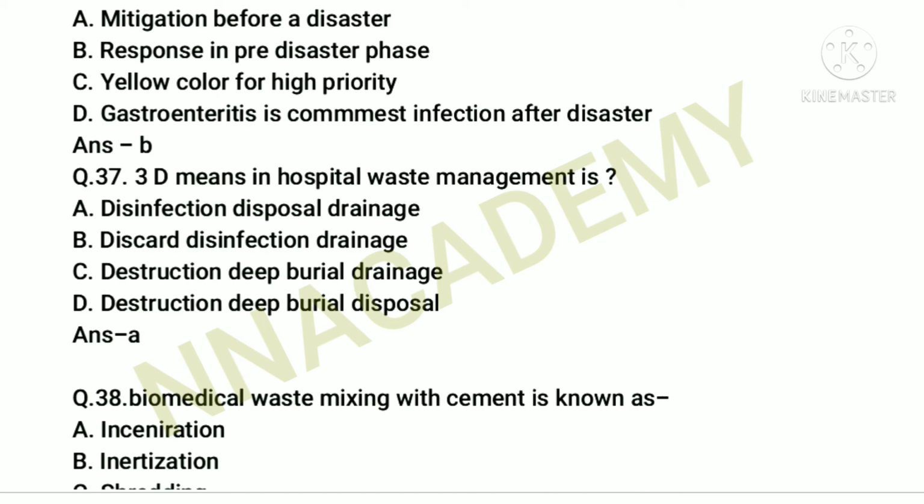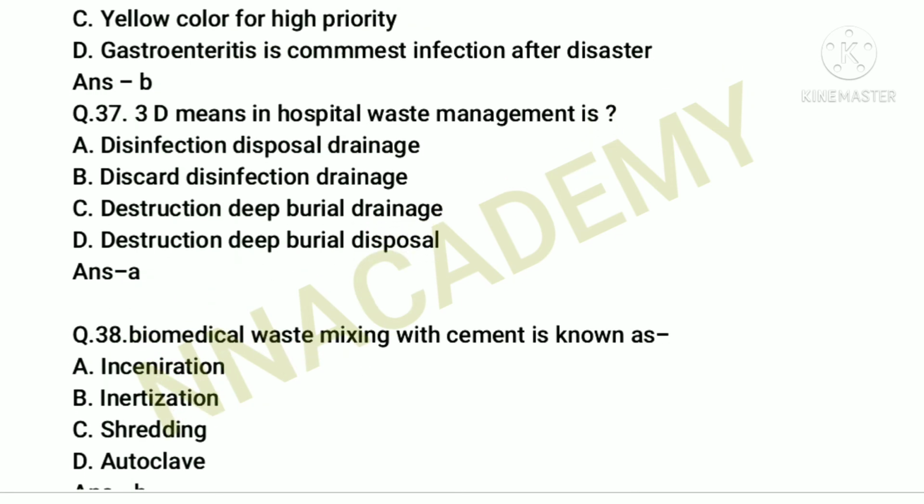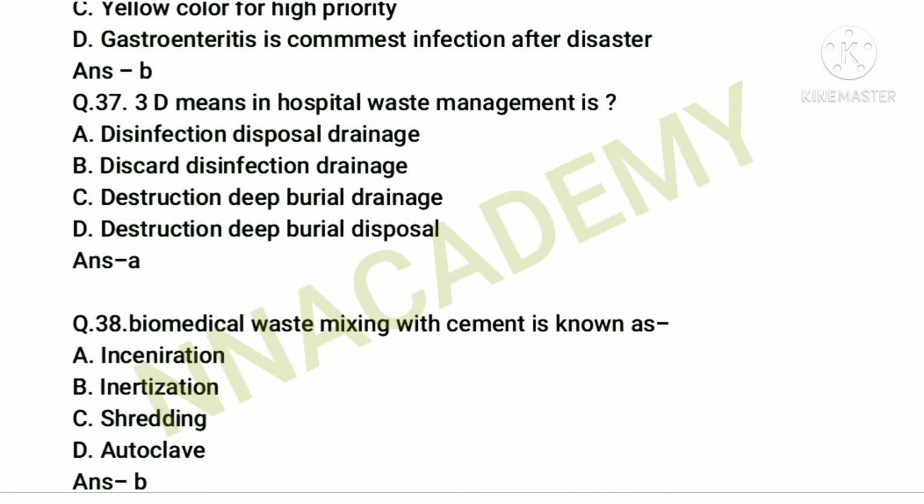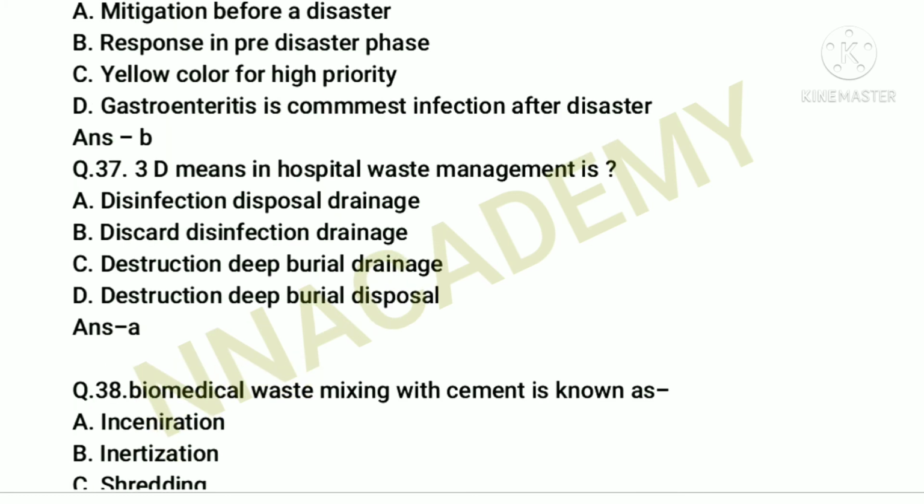And next question is: 3 Ds in hospital waste management is. When we are talking about hospital waste management, what do 3 Ds mean? Option A is disinfection, disposal, drainage; option B discard, disinfection, drainage; option C destruction, deep burial, drainage; and option D destruction, deep burial, and disposal.